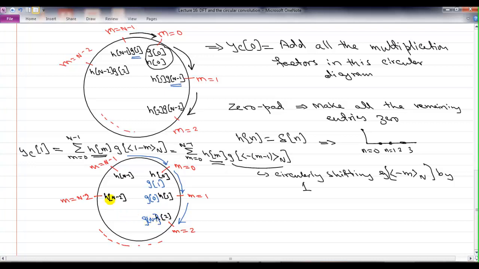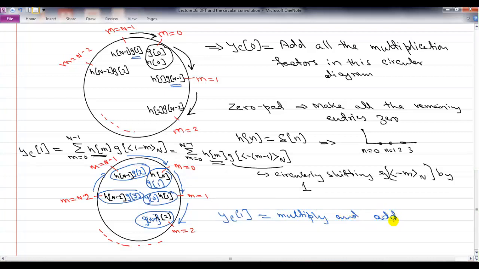And if we follow this strategy, at m equal to n minus 2, we should get g of 3. Similarly, at m equal to n minus 1, we should get g of 2, because g of 2 was previously at m equal to n minus 2. So for yc1, we multiply all of these quantities together, and then we add them all up. So yc1 is simply multiply and add all the quantities in our new circular diagram.